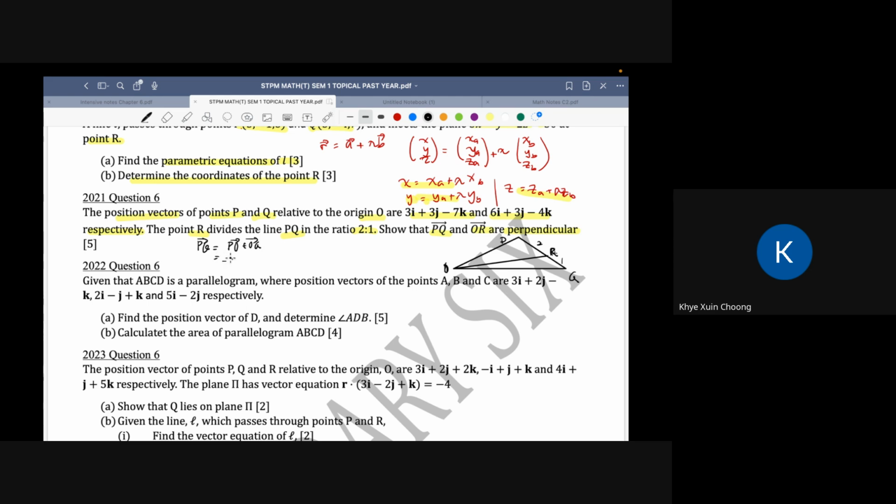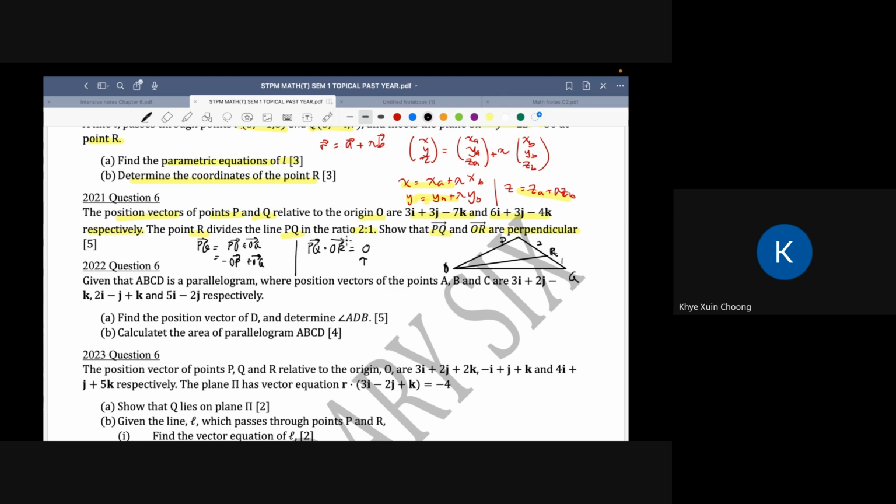So PO is negative OP plus OQ. You manage to find PQ. Then you want to show that they are perpendicular. You just use PQ dot OR. If you find that it is equal to 0, then it means that it is perpendicular. So we use this property of the dot product to show that they are 90 degrees.